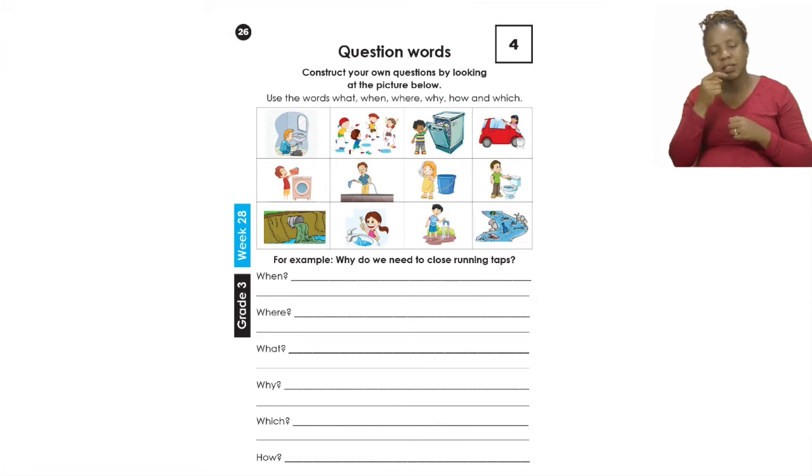Right. Now, boys and girls, look at all the pictures and look at all your question words and try and construct your own sentences by using the pictures as guidelines. Now, before you go ahead to finish all your questions, let's quickly move on. Turn our booklets to page 27.